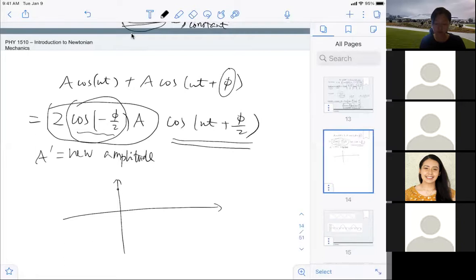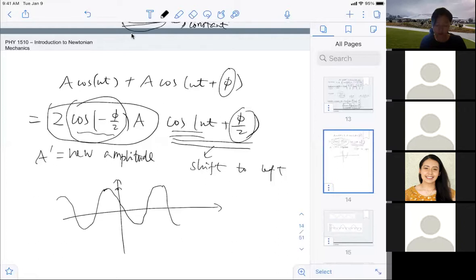Then this is a cosine function, right? So you just need to shift your function to the left because now it has an added phase. So instead of peaking here, you need to peak here. And this top to bottom value is your A prime. So this is your new function.